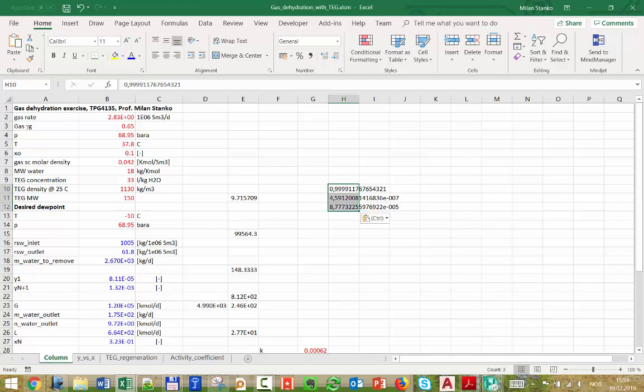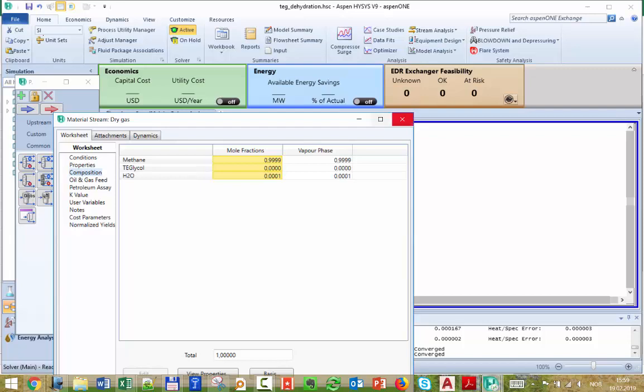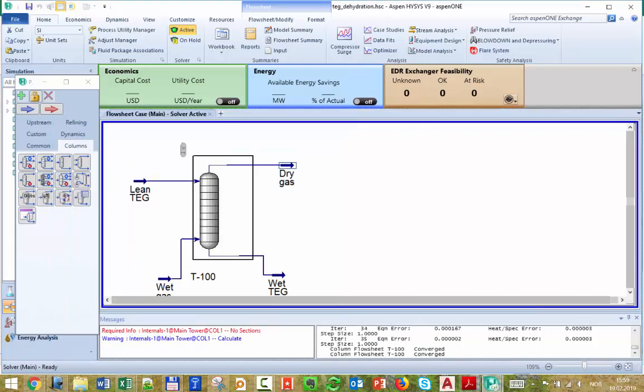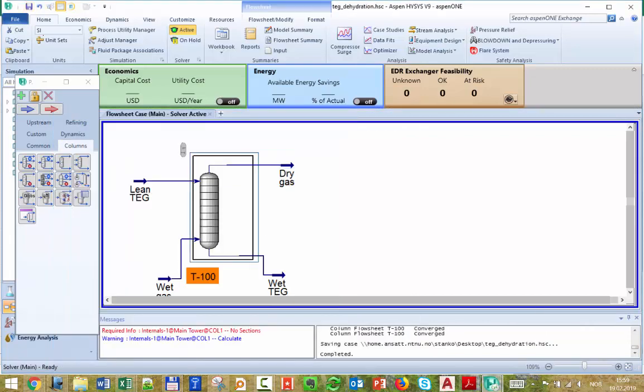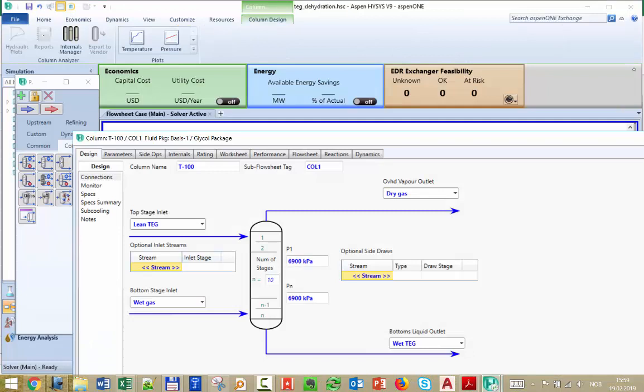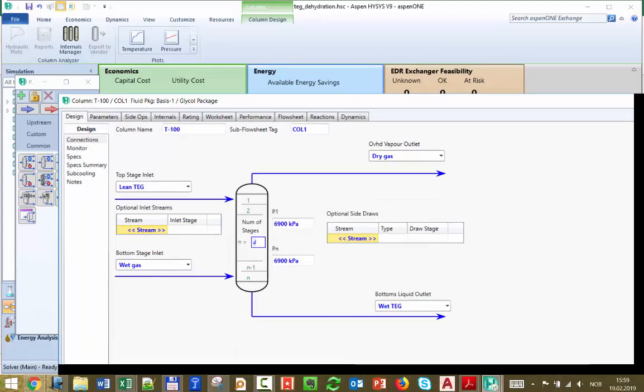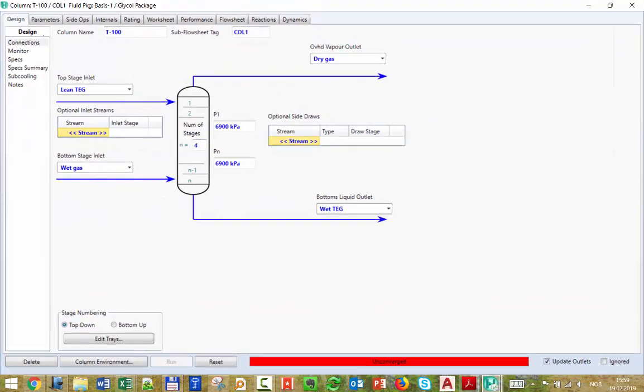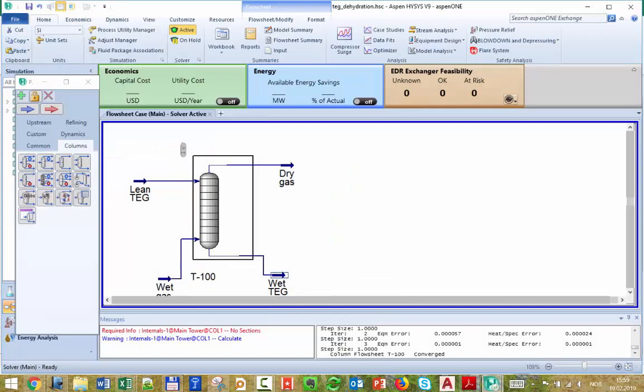Remember, we were doing an approximation, assuming the molar flow is the same, so the results shouldn't be exactly the same. But at least it looks like a good approximation. And you can change the number of stages to see how that affects your result. For example, change to 4, then run, it converges, and see how it changed your result. Easy peasy.